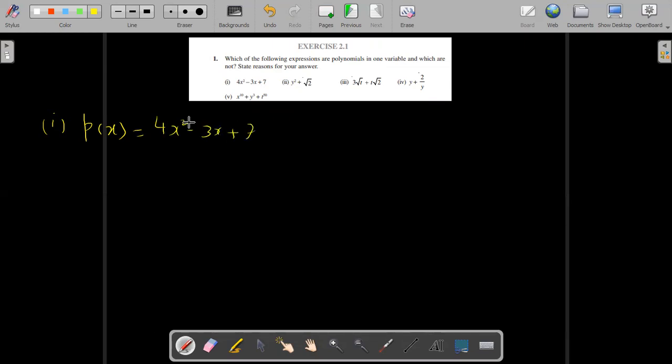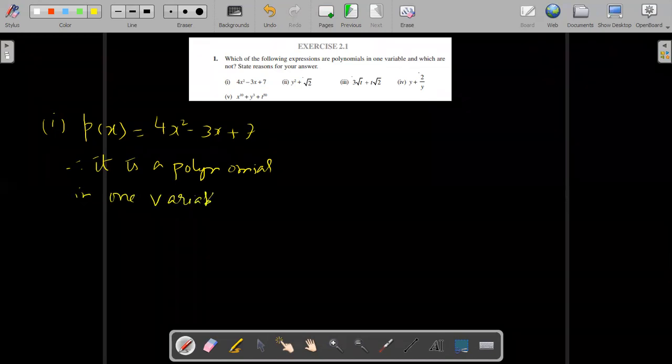We have to check the power of x. The powers of x are 2 and 1, so it is a polynomial having only one variable x. Therefore, it is a polynomial in one variable x.